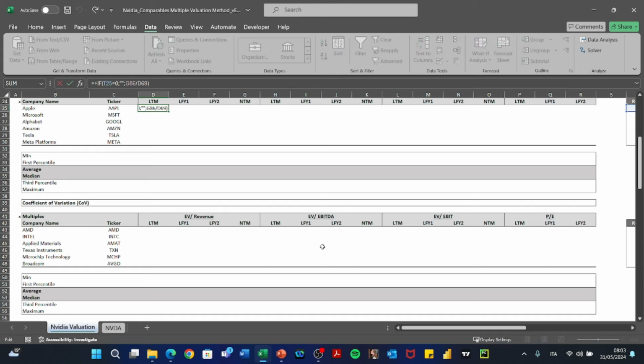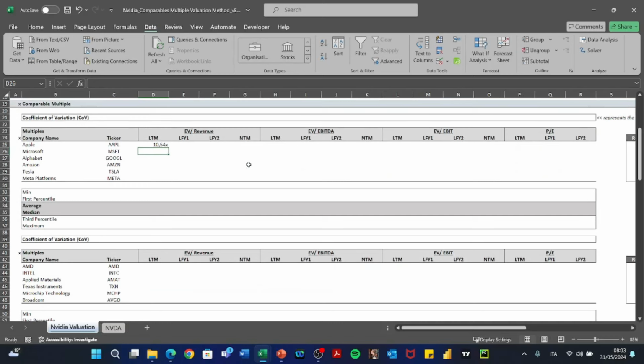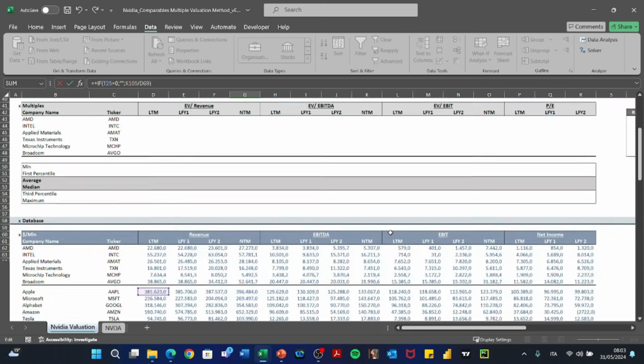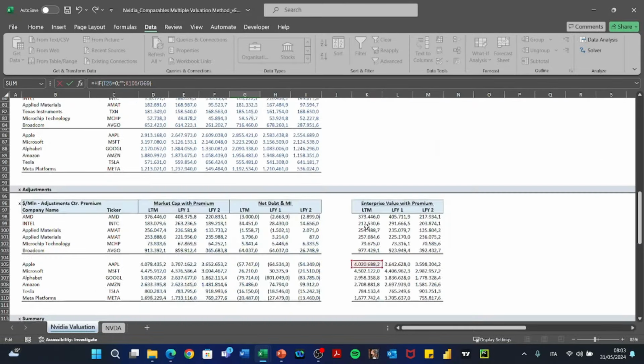I think that I collected exactly. I need to collect this one. Let's now copy this formula. In terms of the next 12 months, obviously we don't have the next 12 months EBITDA enterprise value.